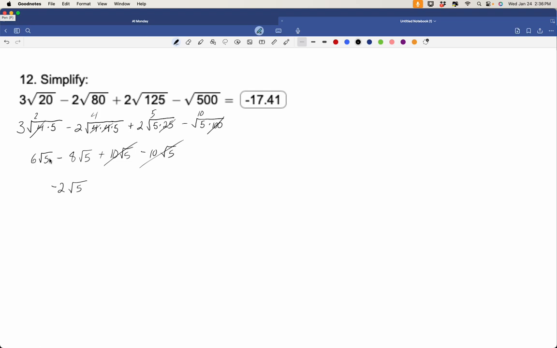We treat this like a variable, and if it matches, then we can combine it. It's the same thing as if we had done 6x minus 8x would be negative 2x. That x is your square root of 5. Okay? All right, so this would be the right answer for that problem.